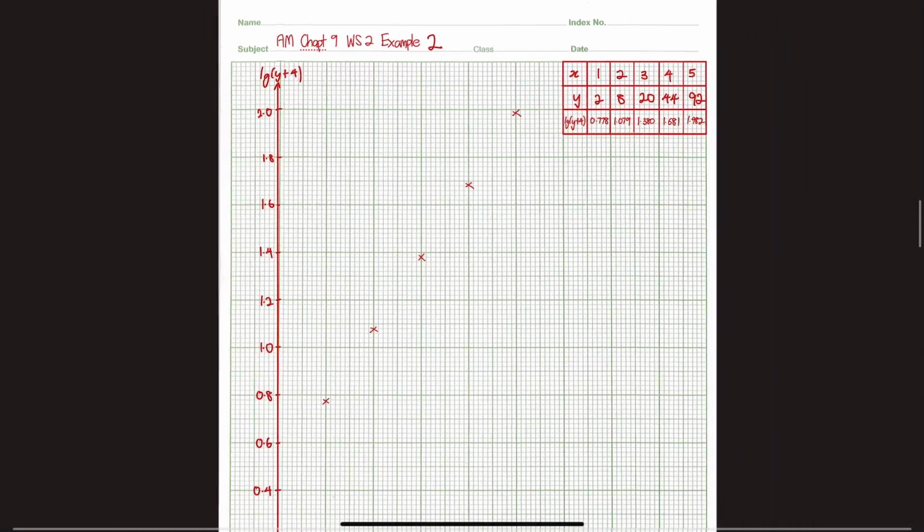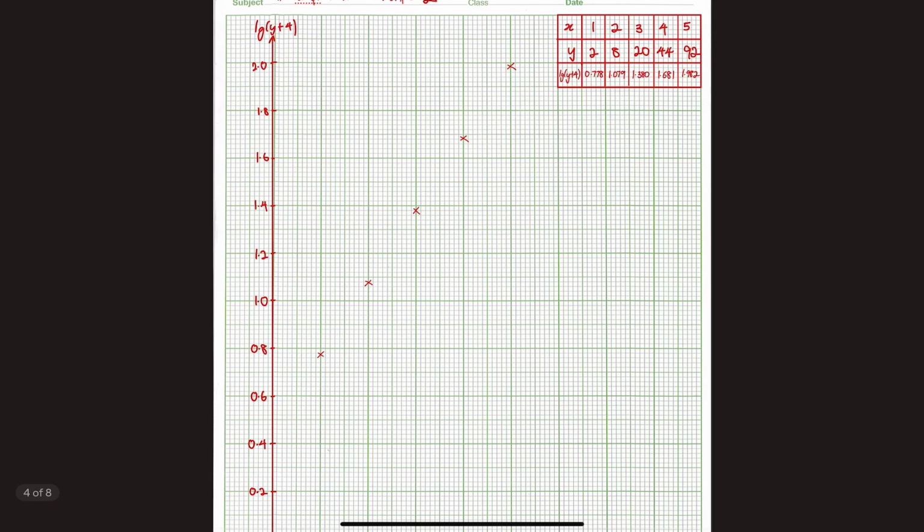Alright, so I've plotted my points. If I draw a straight line graph to connect them, I should get something like this. Is my line accurate? Let me see. I should probably get a line like this.